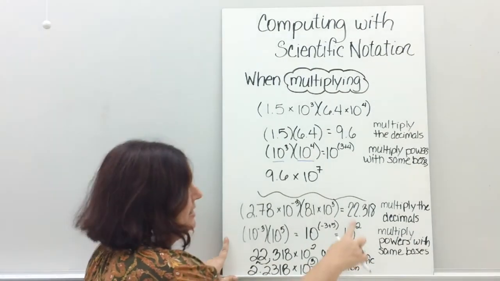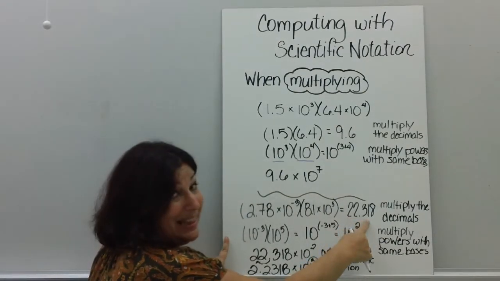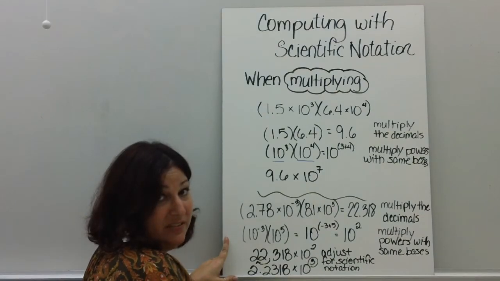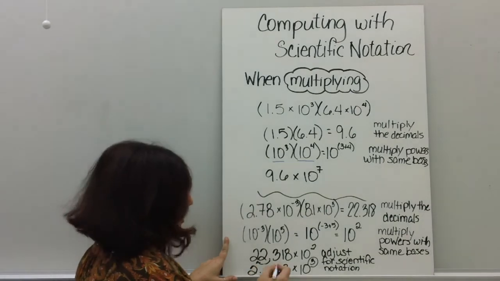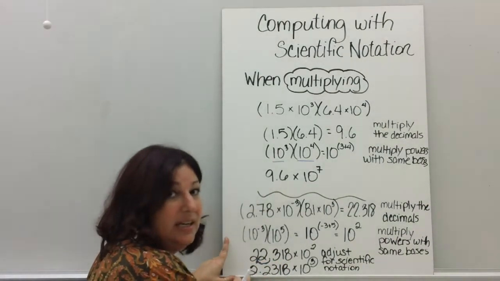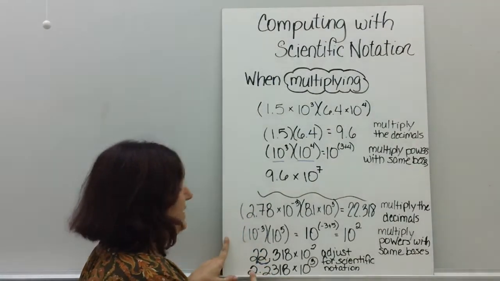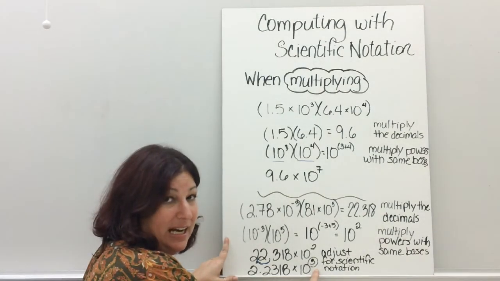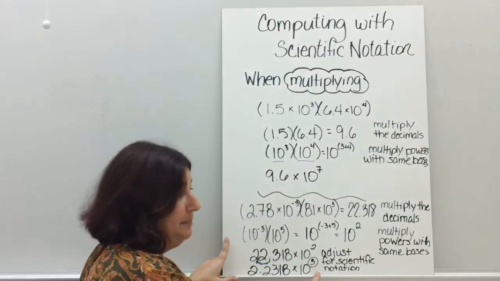The problem is 22.318 thousandths is not already in scientific notation. So I have to adjust for scientific notation by making sure that my decimal is in the correct place. But when I did that, I increased the number of decimal spots that I had to multiply by. So I have to adjust my power of 10.